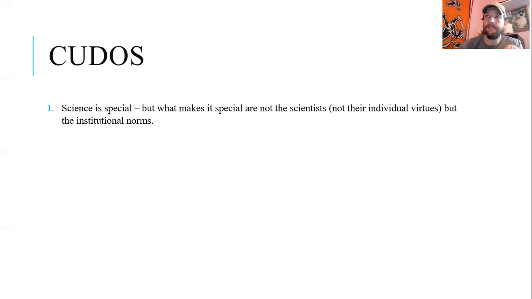And look, in the 18th, 19th, and even early 20th century, this is what was thought to be the source of the specialness of science, that scientists themselves were these sort of superior, excellent human beings who possessed the moral virtues of character to undertake the noble enterprise of science, right? Now, Merton says that's not what's special about science. It's the institutional norms, not the individuals. You can almost plug any individual you want as long as you've got these institutional norms. You'll have high quality, high integrity science.